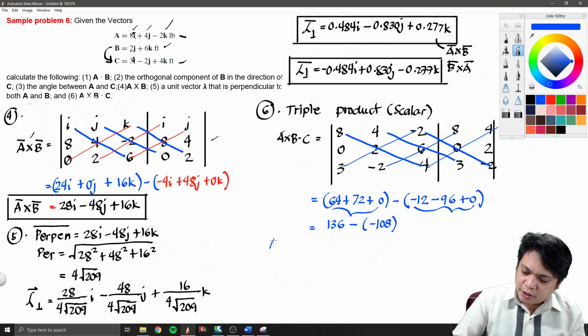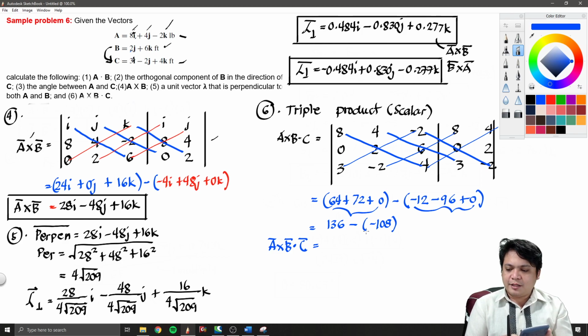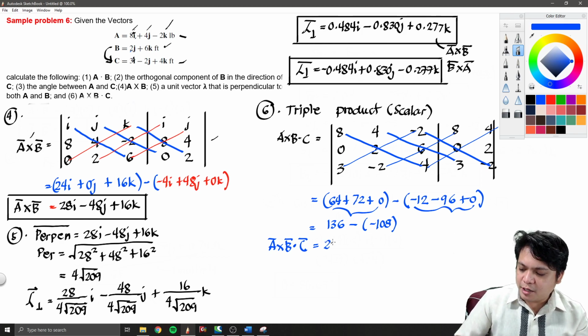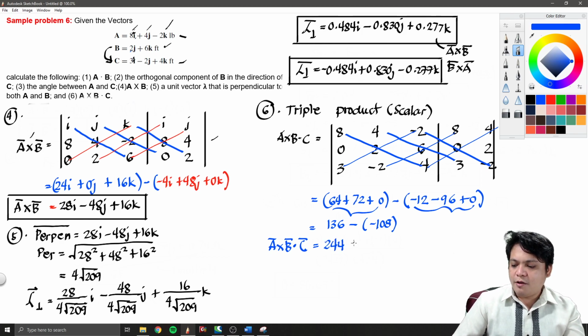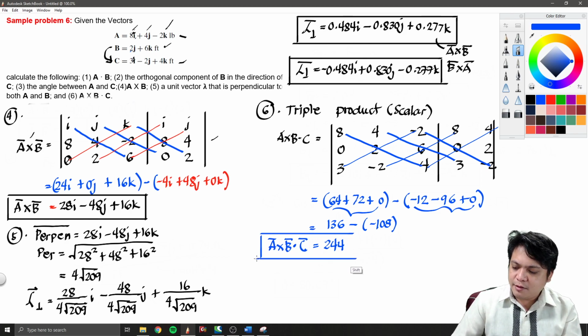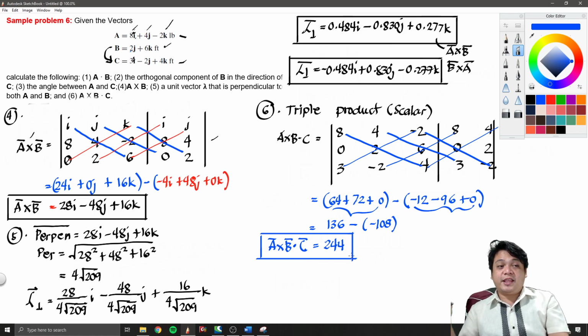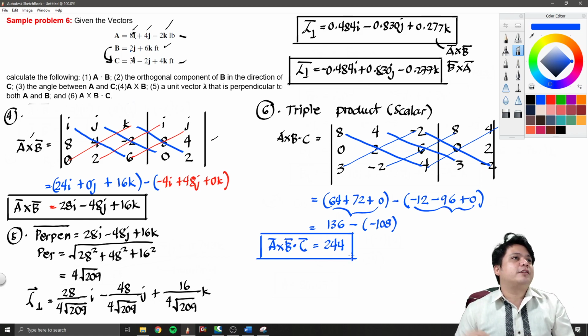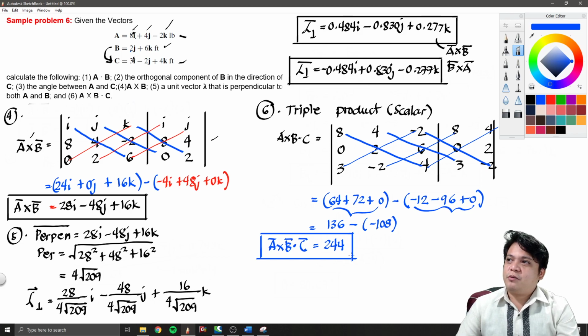So A cross B dot C equals 136 minus negative 108, or plus 108, which is 244. This is in pounds, of course. This is our triple product, called the scalar triple product.